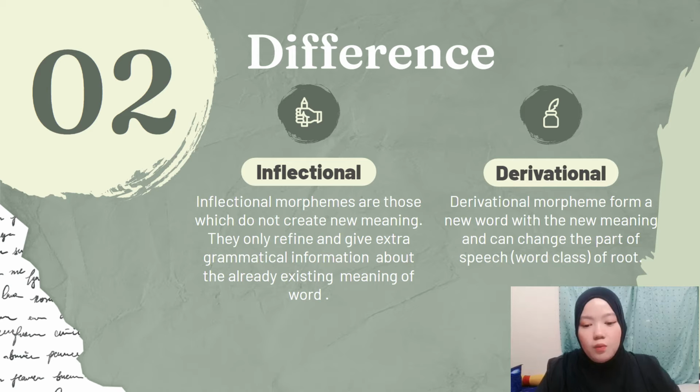Inflectional morphemes, while, do not create new meaning, and these morphemes never change the syntactic category of the word or morpheme to which they are attached. They only refine and give extra grammatical information about the already existing meaning of the word. For example, from walk to walks, with the suffix s.